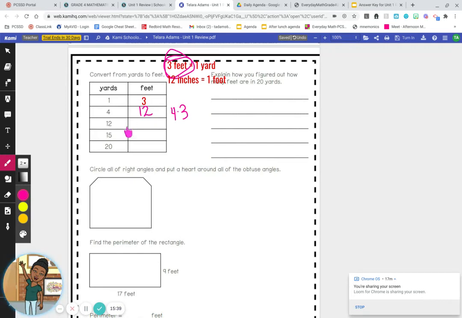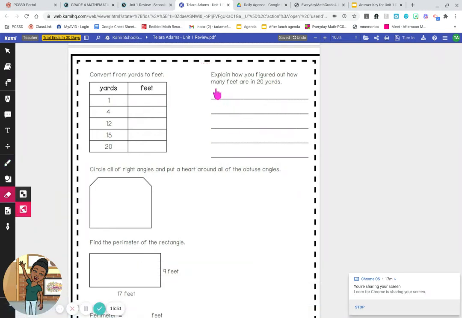You are going to continue to find how many feet are in 12 yards, how many feet are in 15 yards, how many feet are in 20 yards. Explain how you figured out how many feet are in 20 yards. Tell me your equation that you use to determine how many feet are in 20 yards.